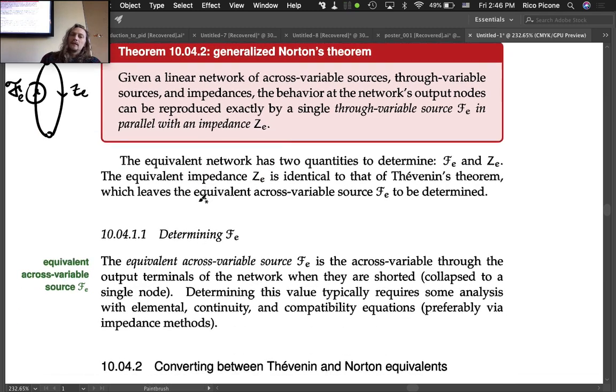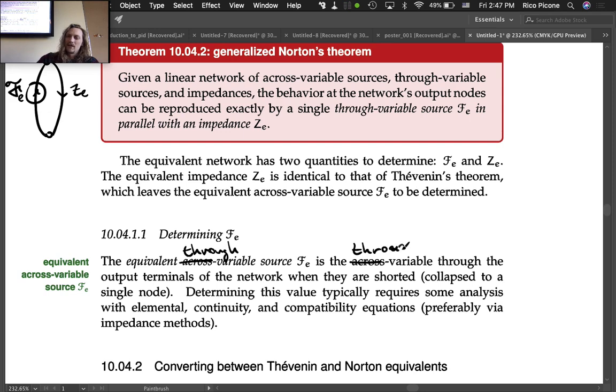Determining FE, the equivalent through variable source, is the through variable. I went through and fixed these, they all said current before, and I fixed it to the wrong thing. Through variable source. Wow. Great correction.